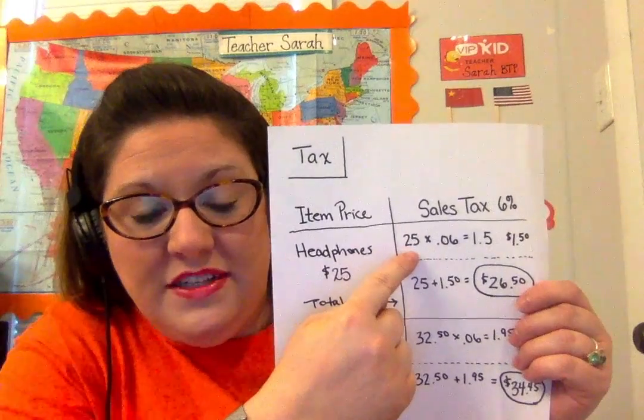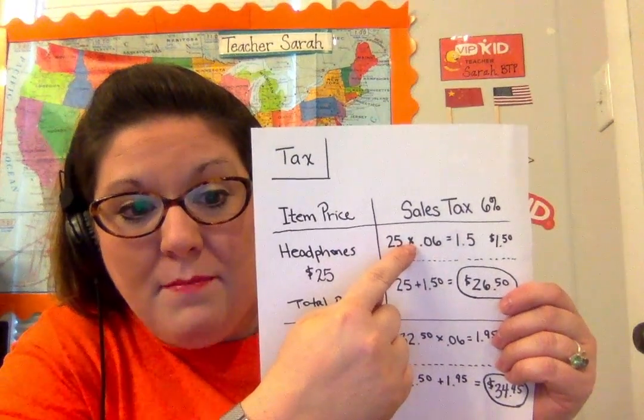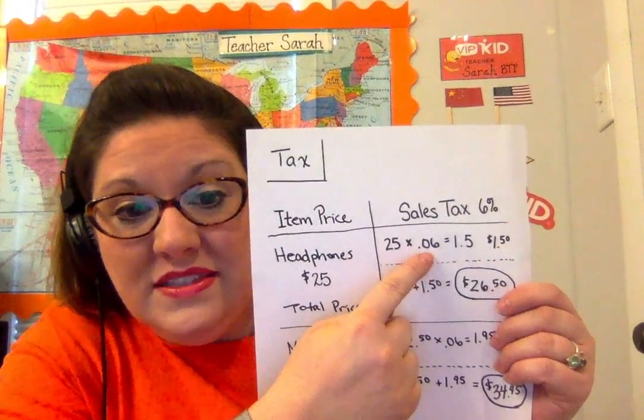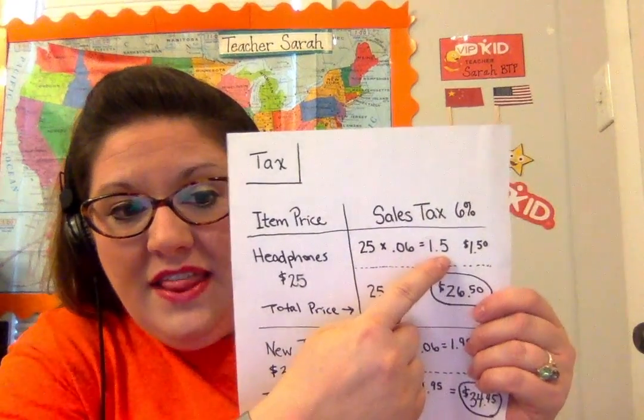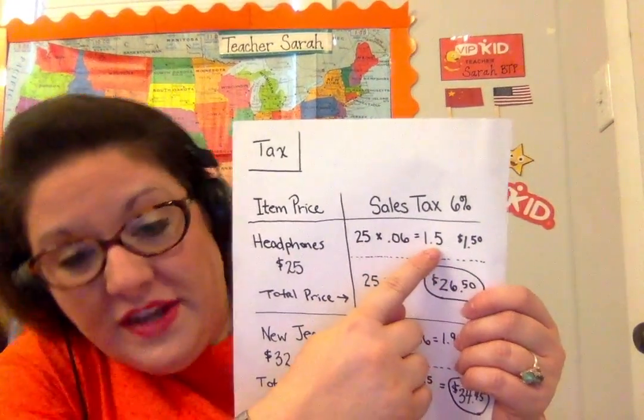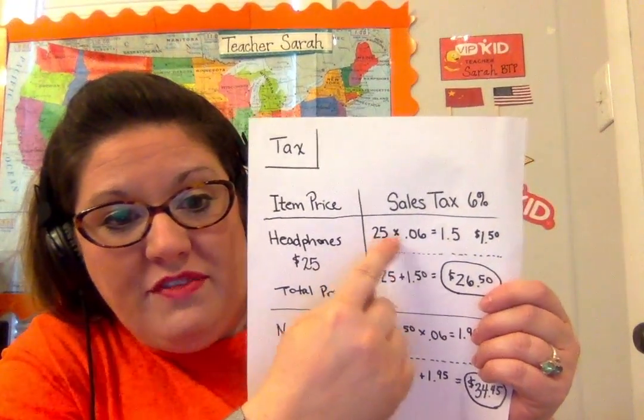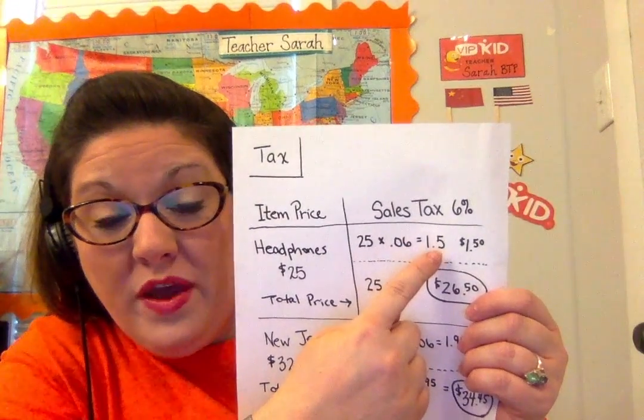So I take 25 and I multiply by my decimal, 0.06. That gives me 1.5.